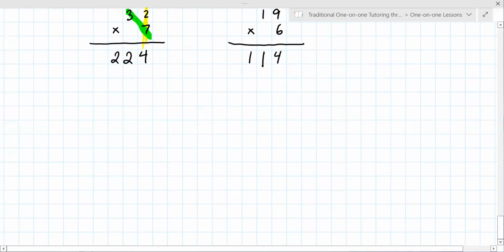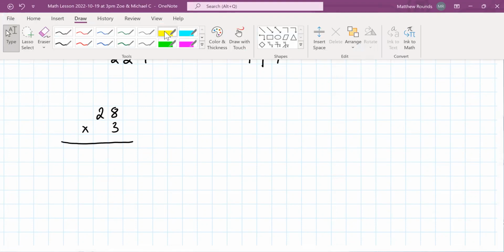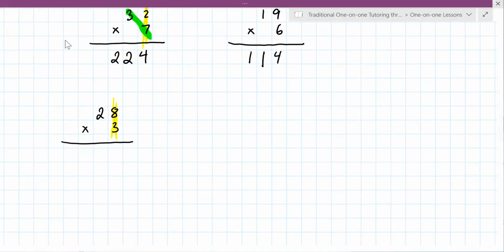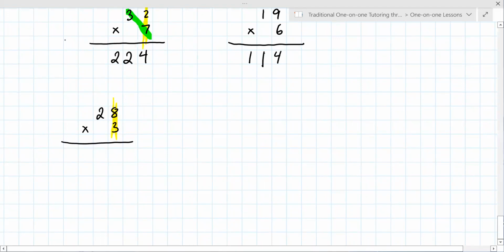All right, so let's try another one here. Let's go 28 times 3. So you first multiply the 3 and the 8. What is 3 times 8? 24.